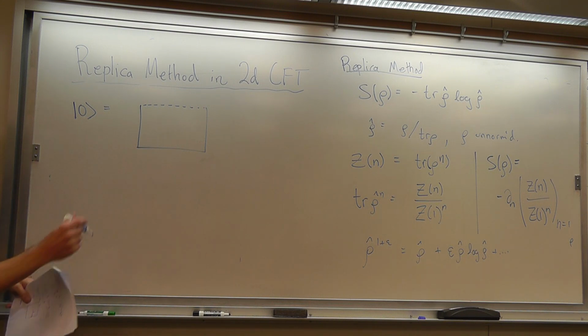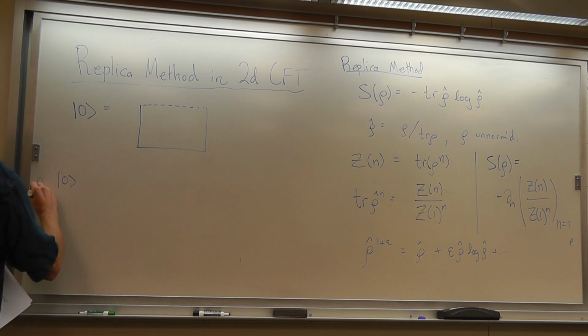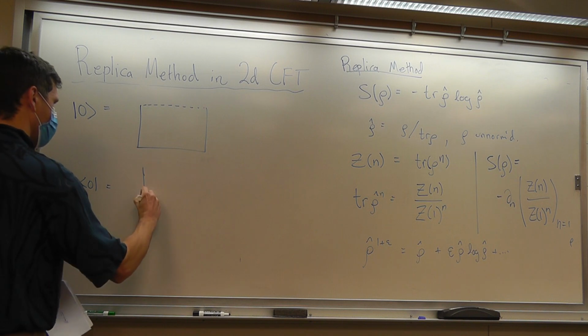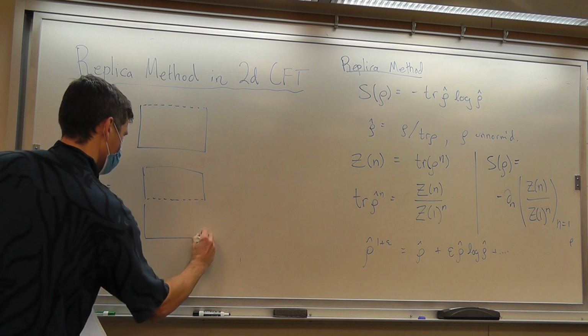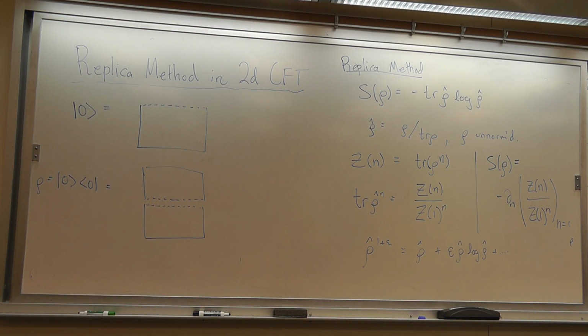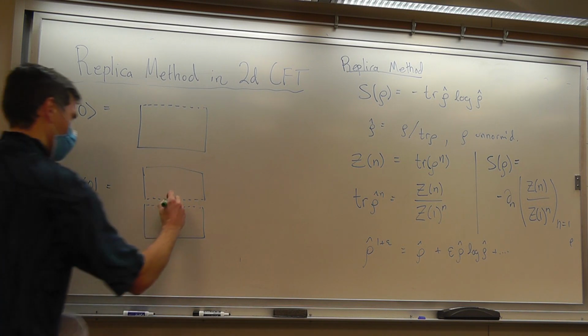Okay, and then the vacuum state density matrix was therefore just two copies of the path integral on the lower half plane that I've suggestively put next to each other.